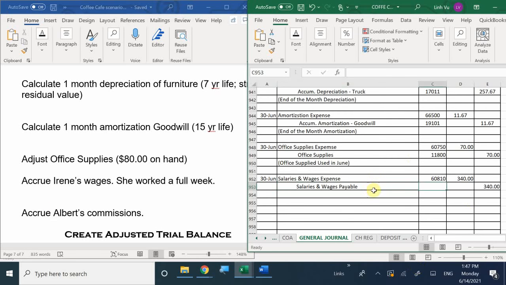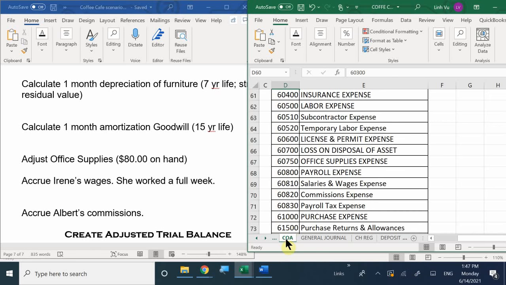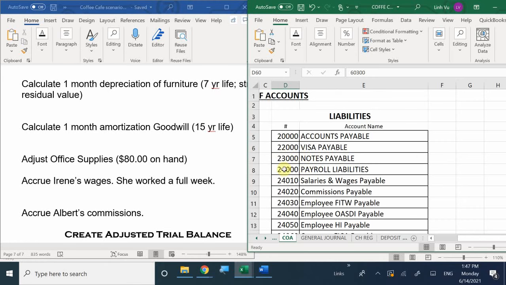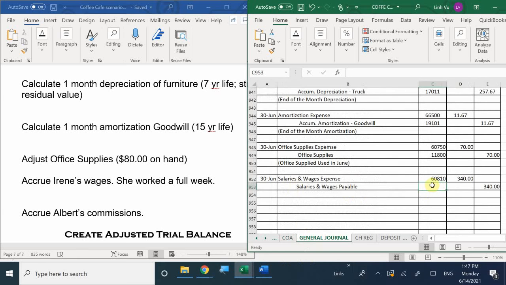Okay. So in this case, 240.10. Perfect. Okay. And we owe her $340. What should the description be?